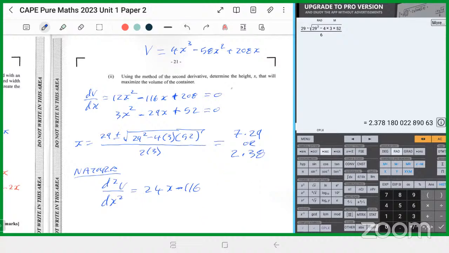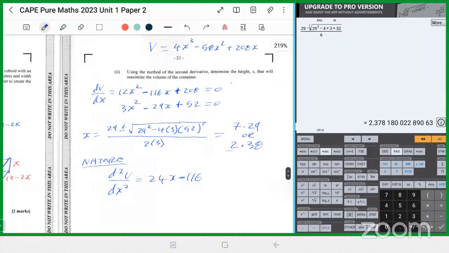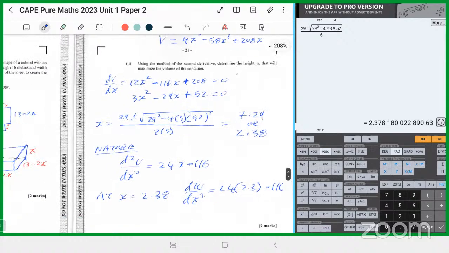At x equals 2.38, d2v by dx squared becomes 24 times 2.38 minus 116. It's going to come out negative.